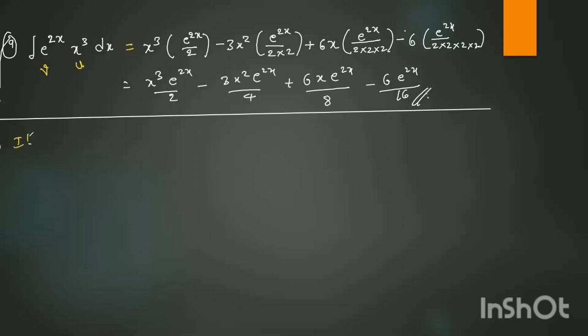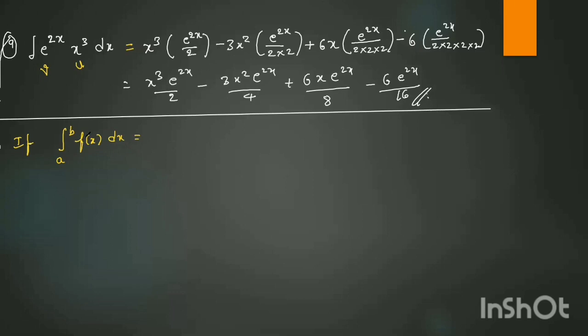Okay, integration of a to b f of x dx, which means if there is any function f of x and limits are from a to b, then we have to integrate this f of x, and then we need to substitute these two limits.